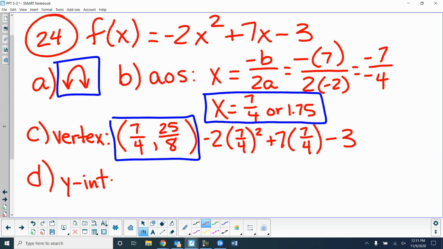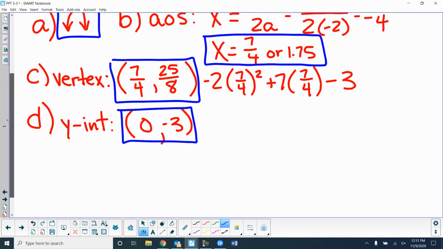Remember, y-intercept, the x value is always 0, and it's whatever our c value is. C is -3. So there's our part D. And then E, we're supposed to graph it. This was all the stuff we did Thursday.